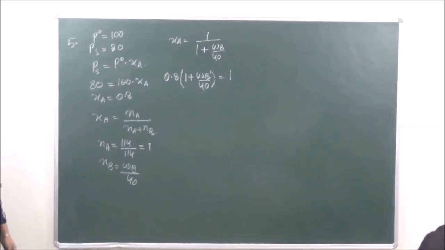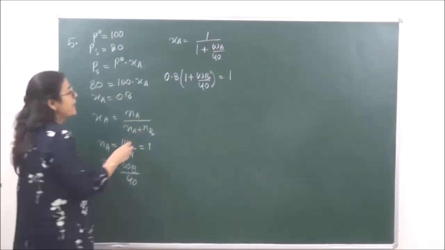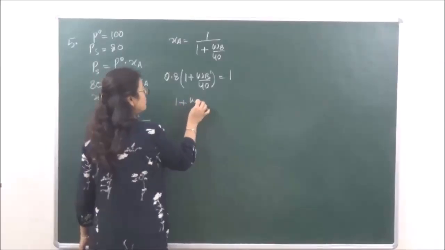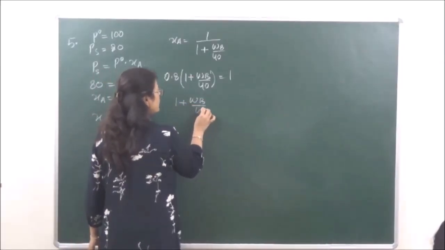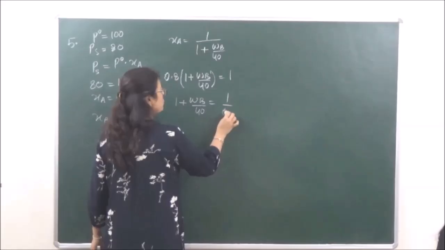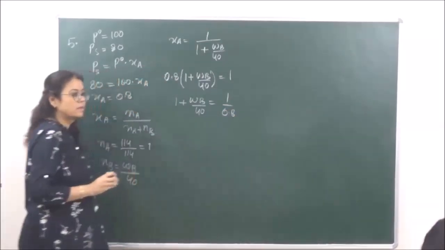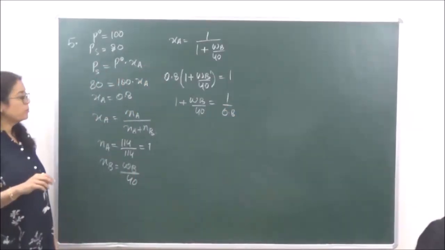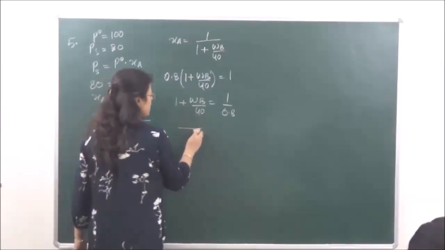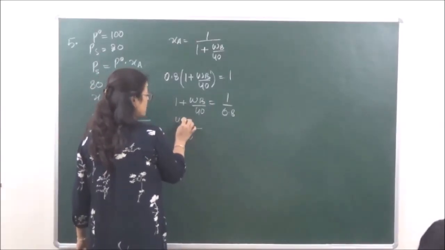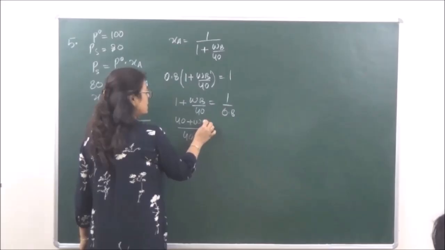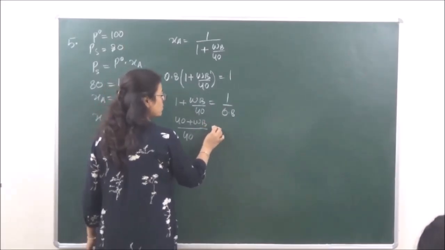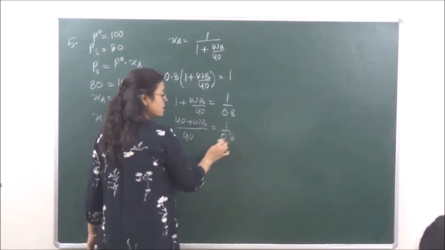Right? So let's take the reciprocal over here. We have 1 plus WB upon 40, that is equal to 1 upon 0.8. From here, can you calculate WB now? Let's take the LCM: (40 plus WB) upon 40 is equal to 1 upon 0.8.